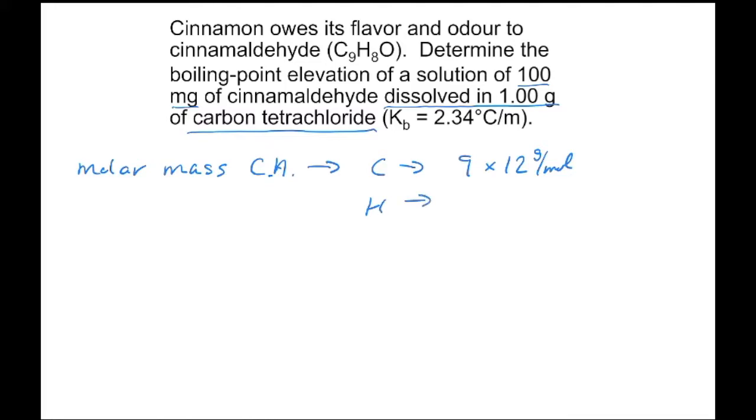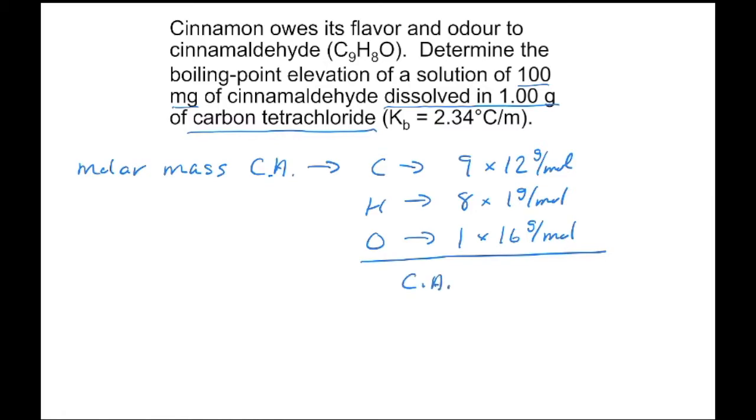Hydrogen, there's 8 of them, and we have the molar mass of 1 gram per mole, and oxygen is 1 of them, and they have a molar mass of 16 grams per mole. So if we do the multiplication, we end up with a molar mass of cinnamaldehyde equaling 132 grams per mole.